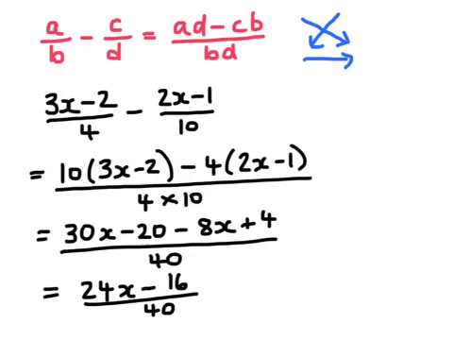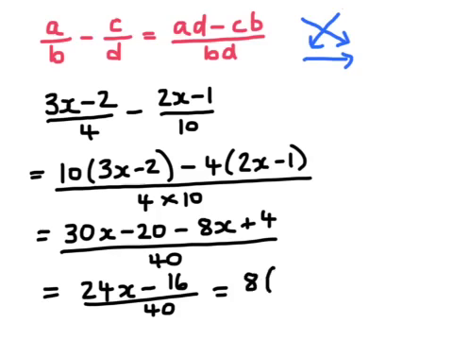Now, I can see straight away that I can factorize the top of my expression. So I'm going to take out a common factor to all the numbers here. Now, if we notice, we've got 16, 24, and 40. 8 divides into all of those, so the common factor on the top is going to be 8.